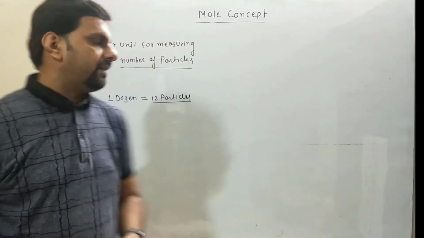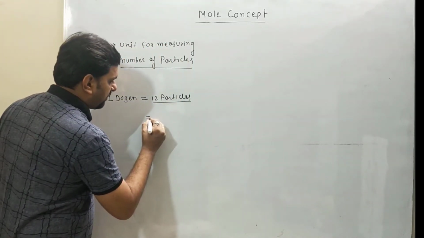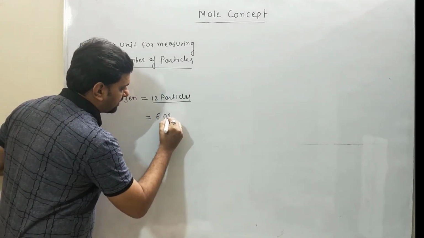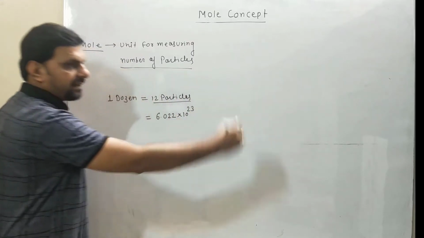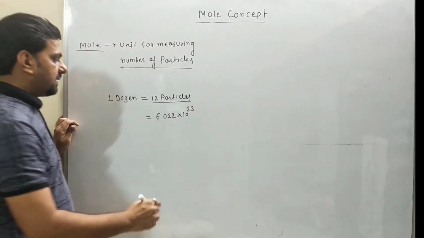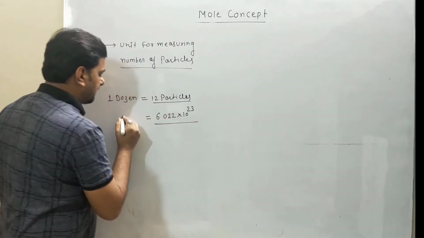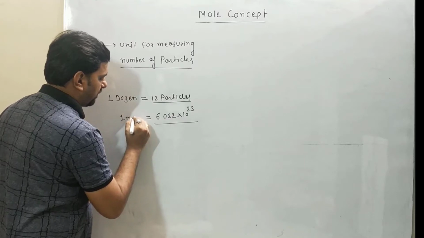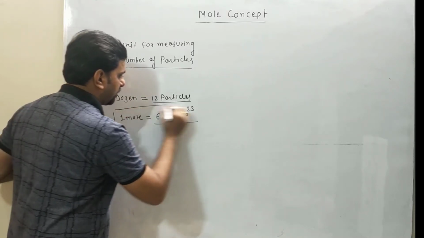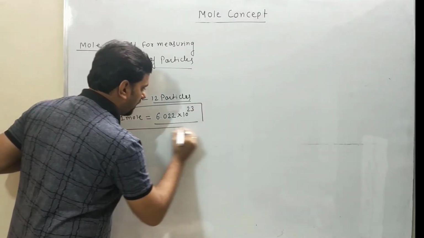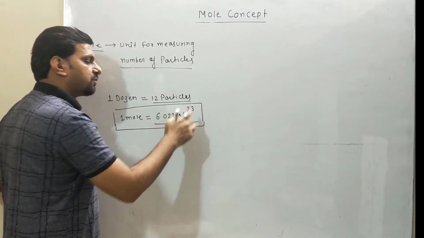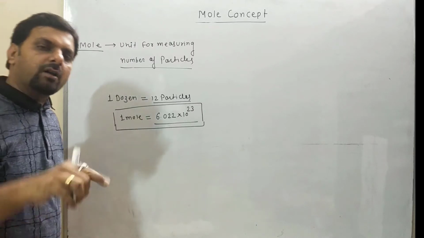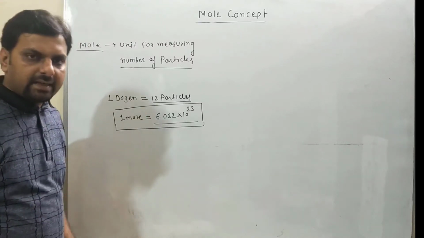So similarly, whenever 6.022 into 10 raised to 23 particles are present together, they are collectively known as 1 mole. So you can say 1 mole equals 6.022 into 10 raised to 23 particles or units. Clear?